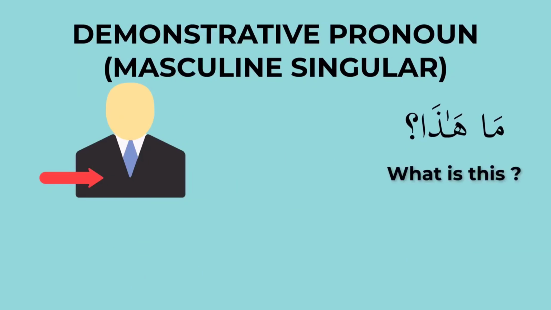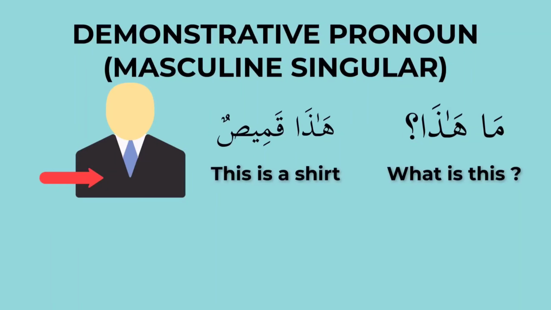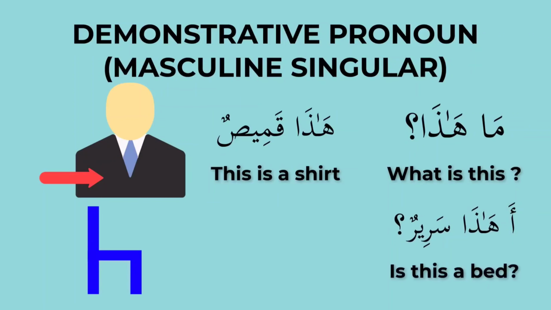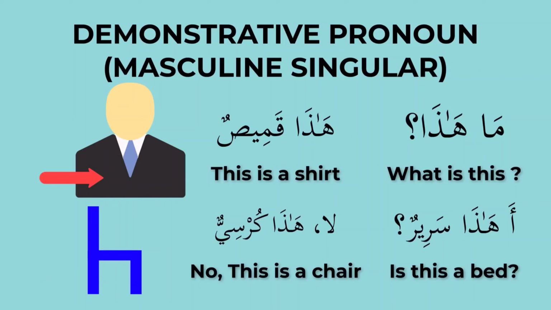Ma hadha, what is this? Hadha qamisun. Remember, we have to pronounce it. Qamisun. Okay, brother? Ma hadha? Hadha sarirun? La. Hadha kursiyun. Are you with me, brothers and sisters? Hadha kursiyun. Again, what is la?